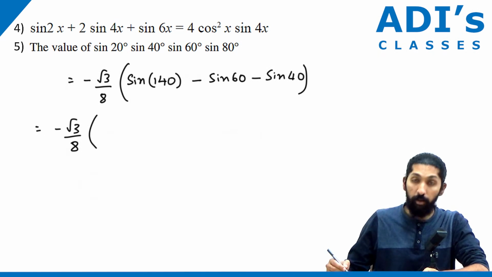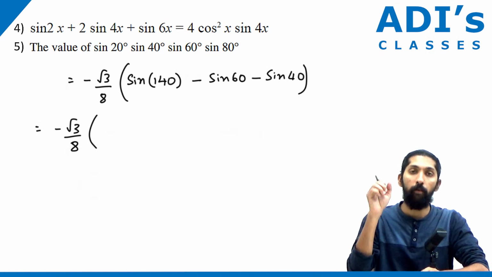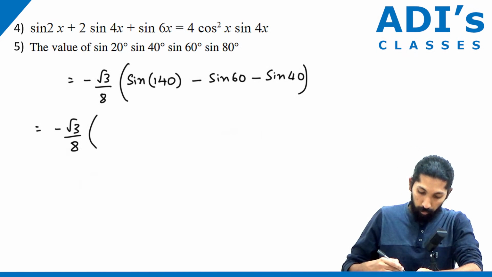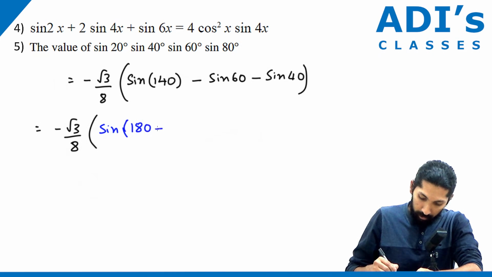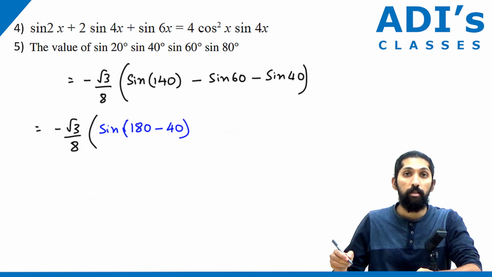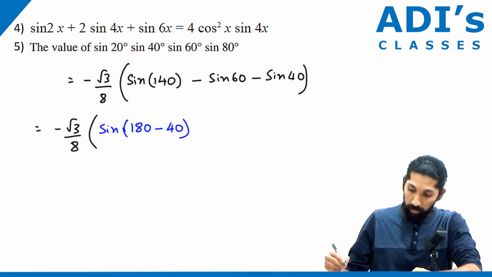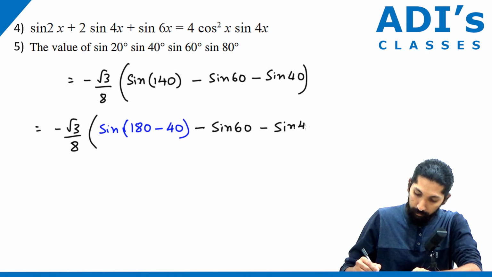Now sin of 140. Now can we use the allied angle formula? Now 140 lies in which quadrant? Second quadrant. So what we can write is, we can write this as sin of 180 minus 40, correct? Sin of 180 minus 40 is nothing but sin 140. So this minus sin 60 minus sin 40.